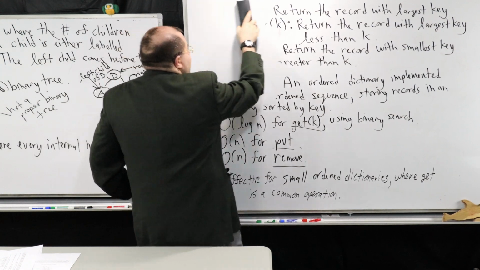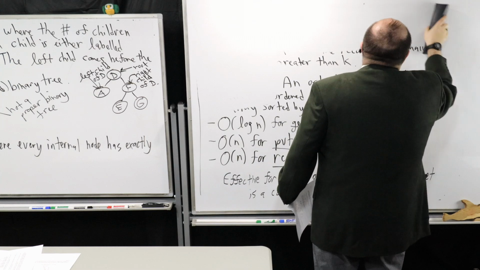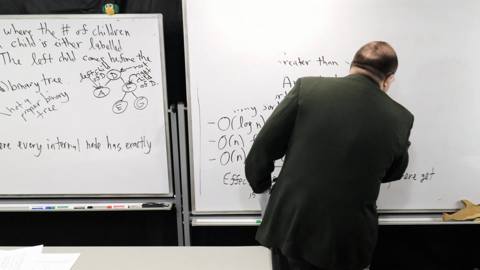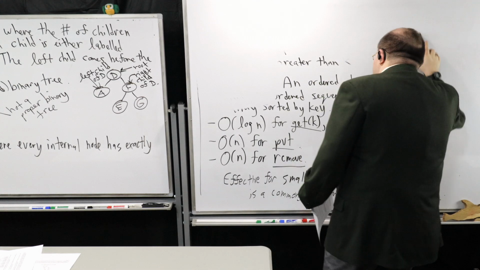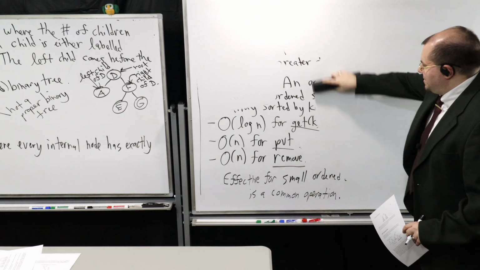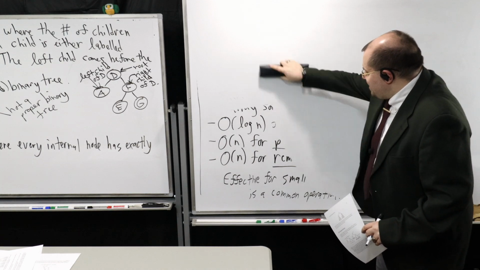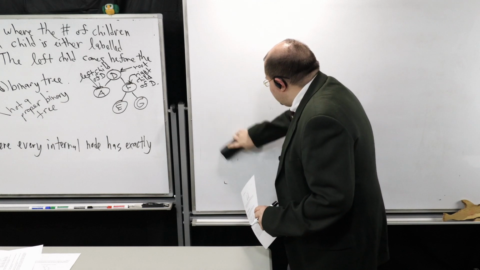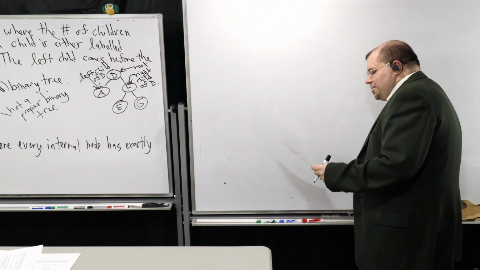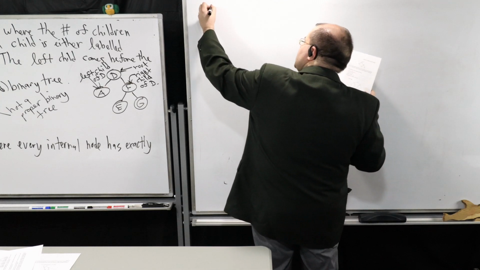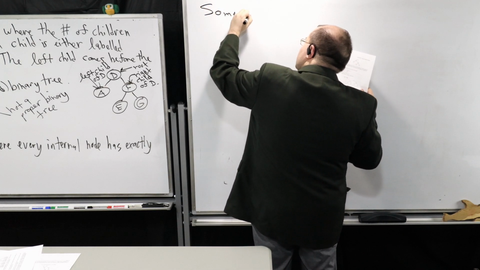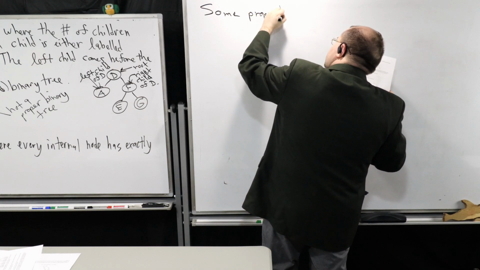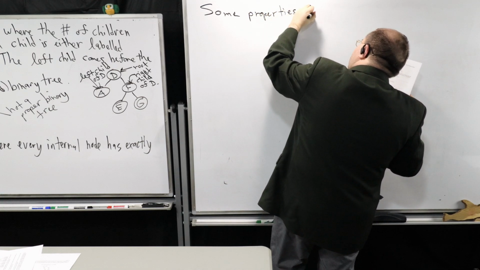So let's talk about some properties that proper binary trees have, because we would like to use some lovely, lovely, juicy properties. So let's talk about some properties of proper binary trees.